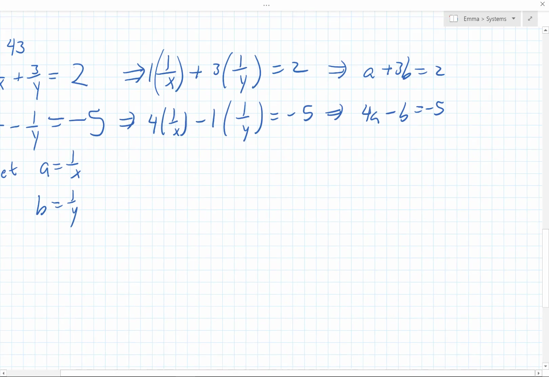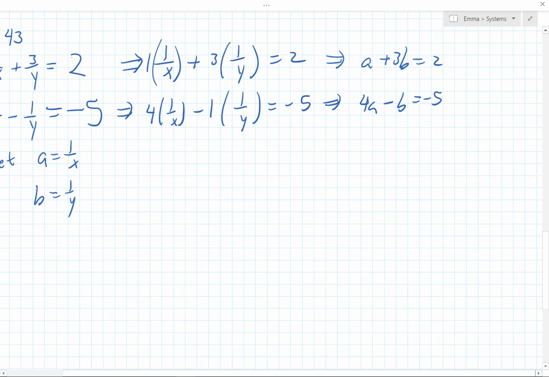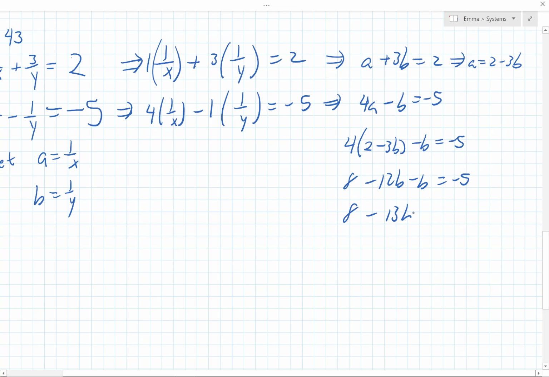So I think I'm just going to do it with substitution maybe. So I'll say that a equals 2 minus 3b. So I'll do 4 times 2 minus 3b minus b is negative 5. So 8 minus 12b minus another b is negative 5. We keep solving.